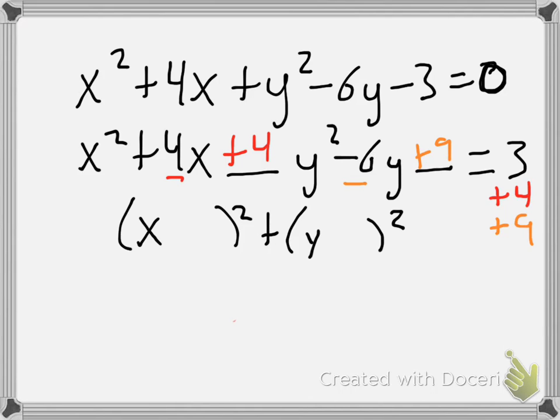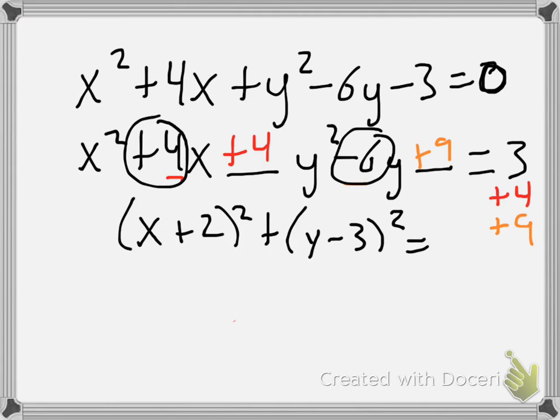And this part right here is always half of that number that goes in the circle. So half of a plus 4 is a plus 2, half of a minus 6 is a minus 3, and then your circle equation is equal to the sum of all of this stuff right here. So 9 plus 7, which would give me 16.